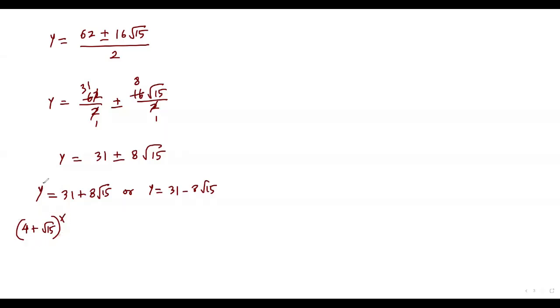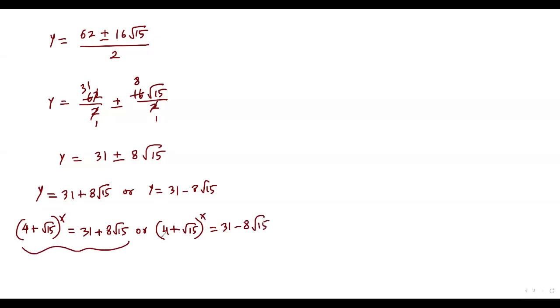So now we can replace y by the original, that is 4 positive square root of 15 whole to the x power. On the right side we have 31 positive 8 times square root of 15, or the same thing we can do over here. This y can be replaced by 4 positive square root of 15 whole to the x power equals 31 negative 8 times square root of 15.